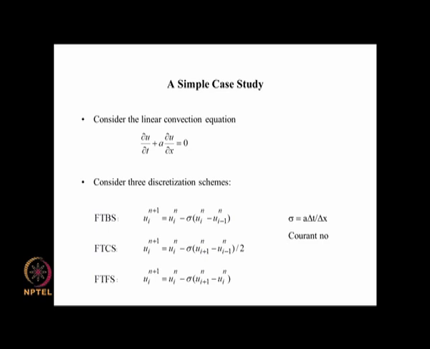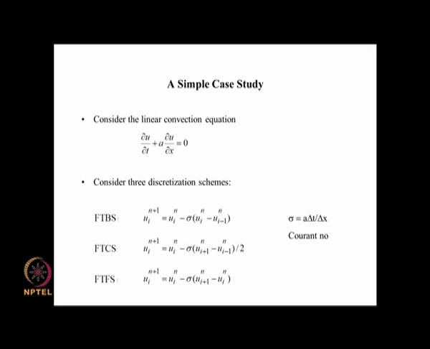So this is the situation that we have with the simple linear convection equation, and this brings out the difficulty in getting a numerical solution if we take a very naive approach.